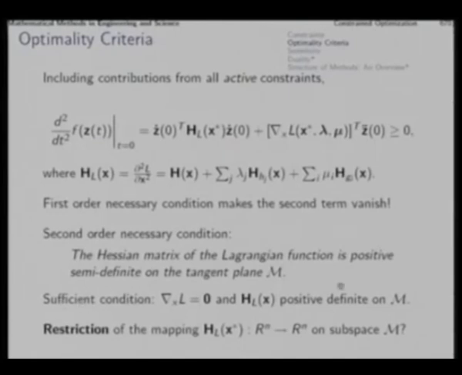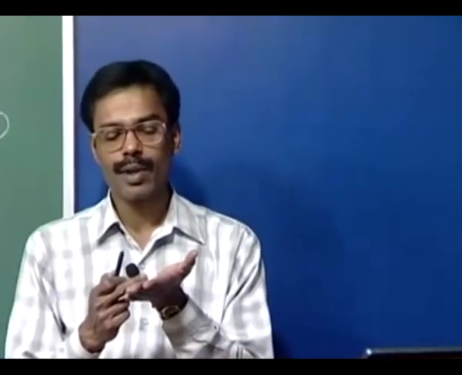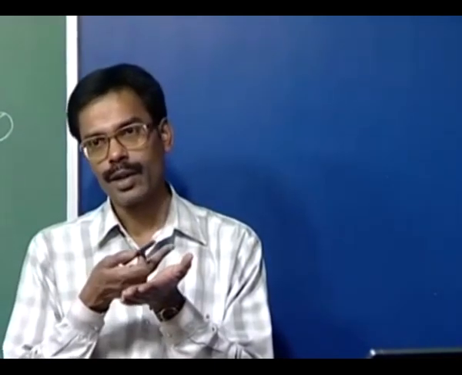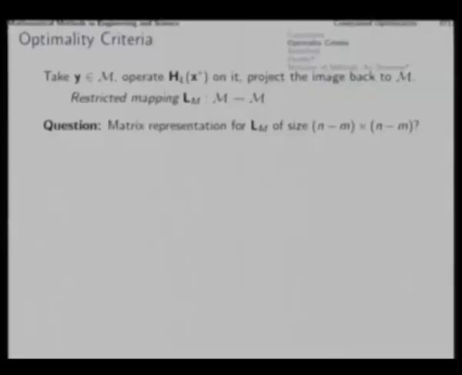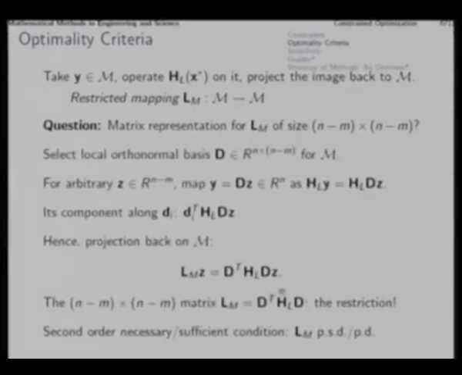Okay. So, if we want to analyze whether a Hessian matrix is positive definite on a particular subspace, then for that we can construct this matrix. That is, if D is an orthonormal basis of the tangent plane and HL is the Hessian of the Lagrangian function, then D transpose HL D will be a symmetric mapping within the tangent plane, that is, it maps the tangent plane to itself.